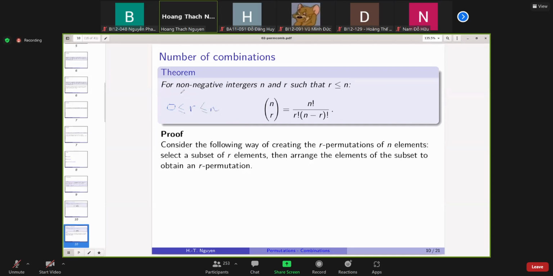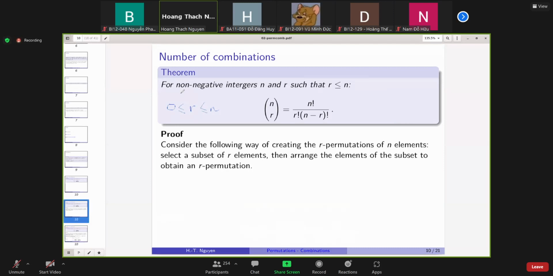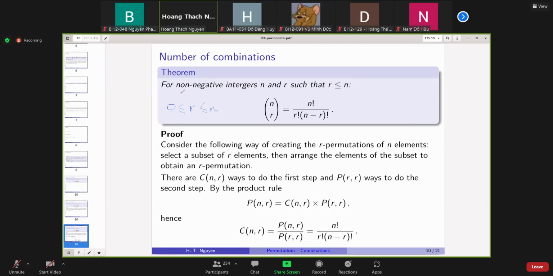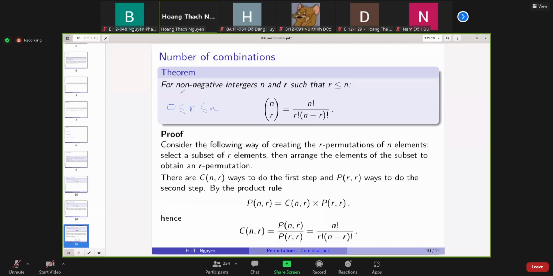And the proof, so here is an indirect proof. We will use the formula for the r-permutation to prove this. So we will consider this procedure to create an r-permutation of n elements.